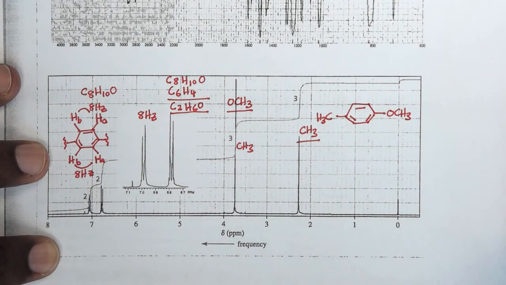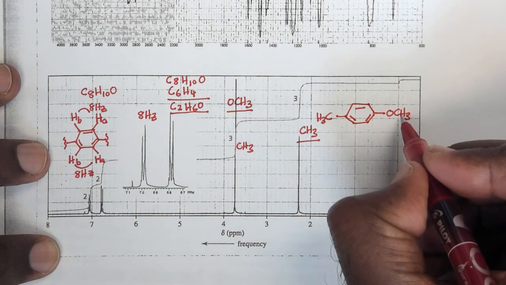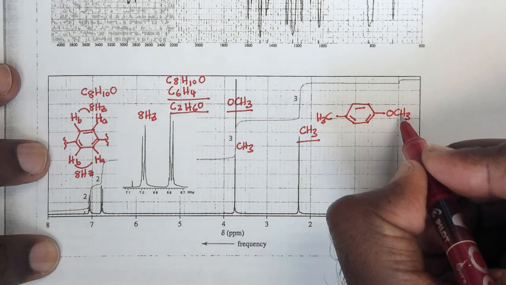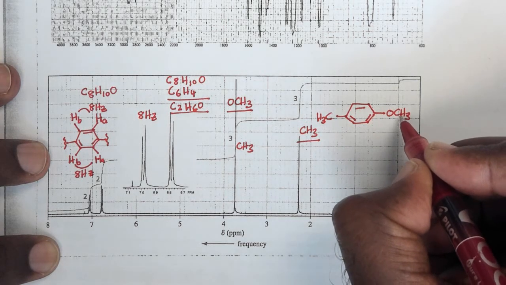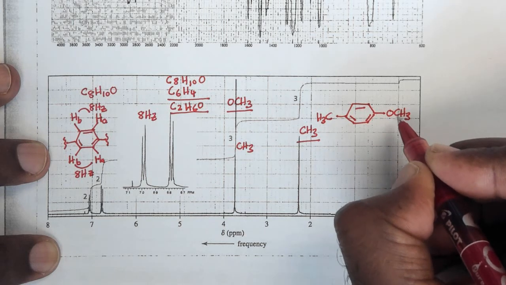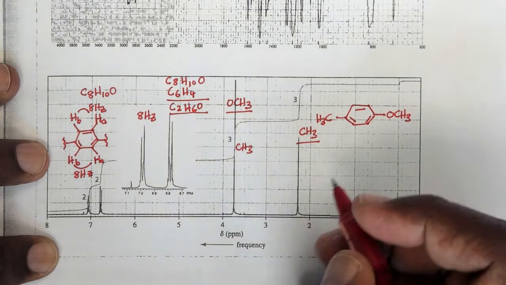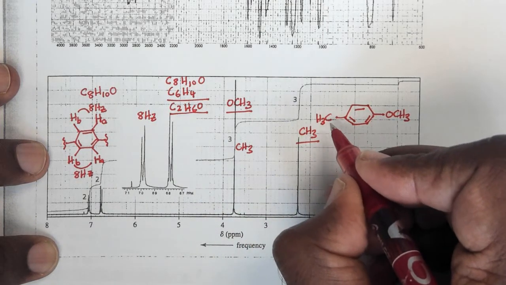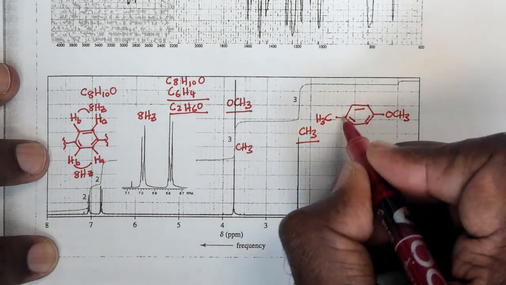If I go back and analyze this, I have a structure here where this should be a singlet that's de-shielded. It's a singlet because it's not next to any other protonated group. So that 3 proton singlet should be de-shielded somewhere around 4, and that's the singlet I have here. And now the CH3 group that I have here is also de-shielded by the aromatic ring.